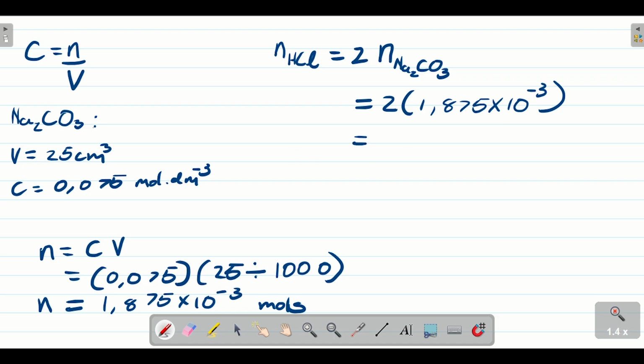So if we punch that into our calculators, we get 3.75 times 10 to the -3 moles of hydrochloric solution.